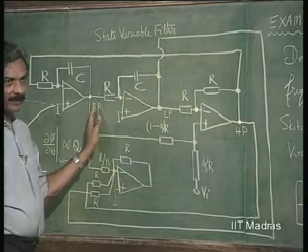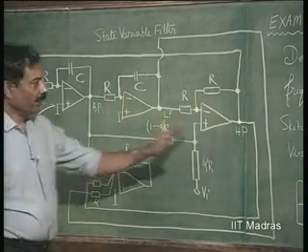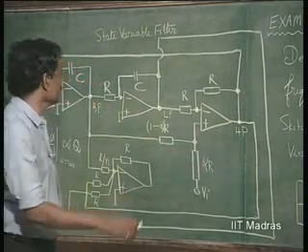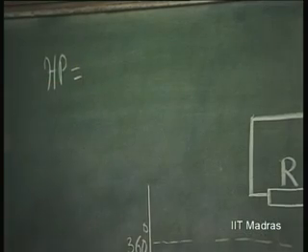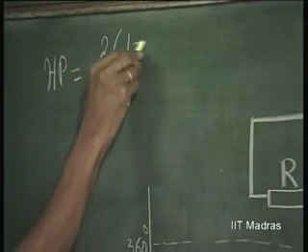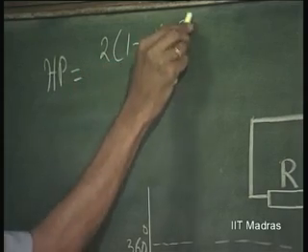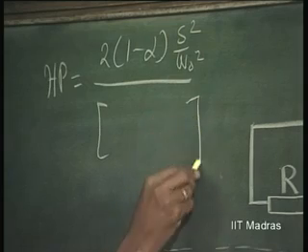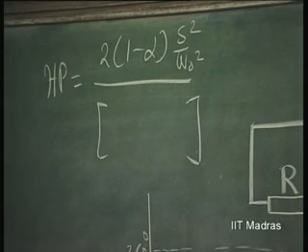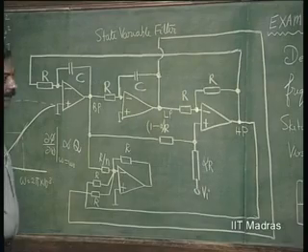In our expression, high pass is equal to 2 into 1 minus alpha s squared by omega naught squared divided by the same denominator, s squared by omega naught squared plus s by omega naught Q plus 1.